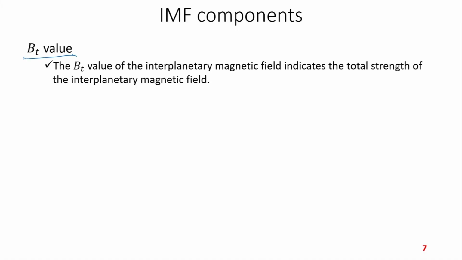Now let us see what the IMF components are, because we have already seen that the magnetic field is always a vector, so it will have components. First, we will consider the total value, BT, the total value of the interplanetary magnetic field. BT indicates the total strength of the interplanetary magnetic field.